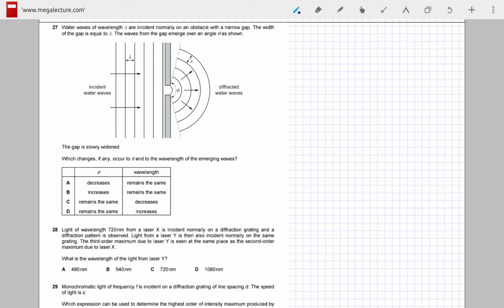So the amount of diffraction that occurs decreases, and it causes theta to decrease, but the wavelength will not be affected, right? Every time the waves undergo diffraction, the wavelength still remains constant. So that means that theta will decrease and the wavelength remains the same. So the correct option is option number A.